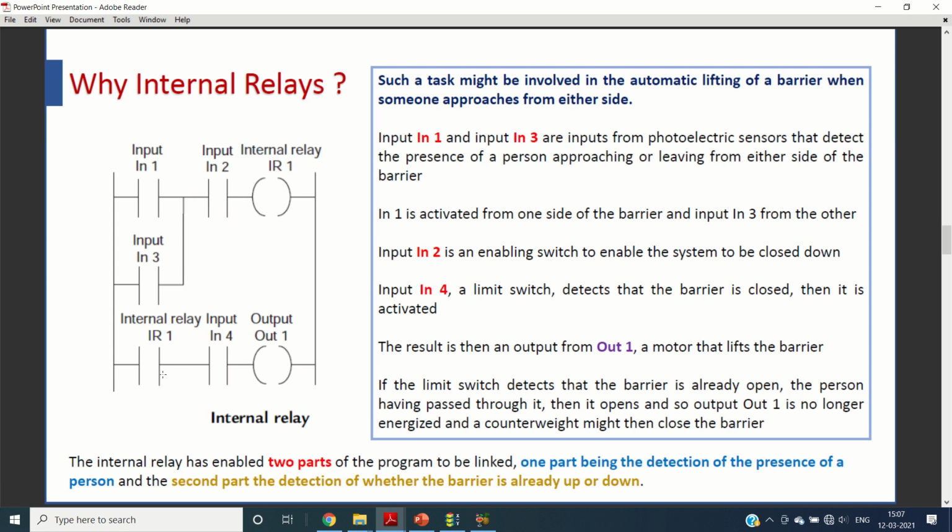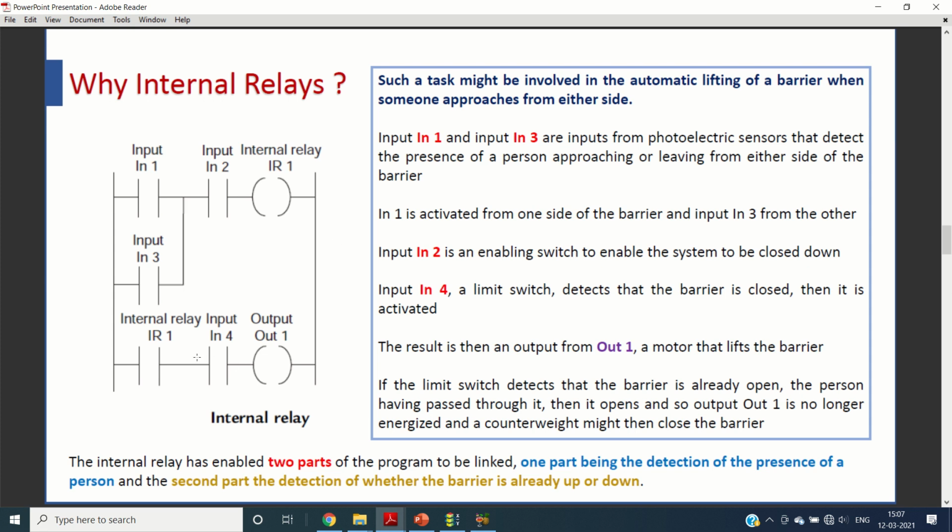When this NO contact is closed, it will check whether input 4 is closed or not. If input 4 is closed, that means your barrier is in closed condition. Now, since this is on, and this is a simple AND circuit, your barrier will now be open.